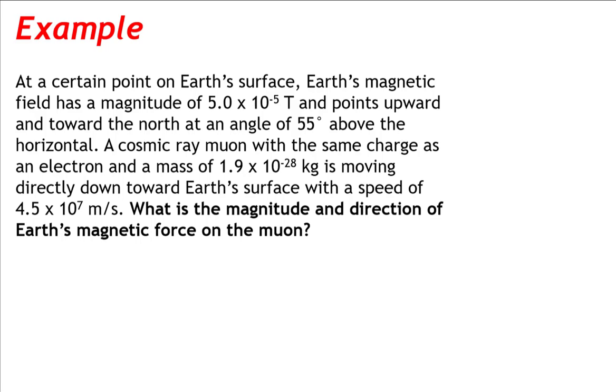A cosmic ray muon with the same charge as an electron and a mass of 1.9 times 10 to the minus 28 kilograms is moving directly down toward Earth's surface with a speed of 4.5 times 10 to the 7th meters per second. What is the magnitude and direction of Earth's magnetic force on the muon?